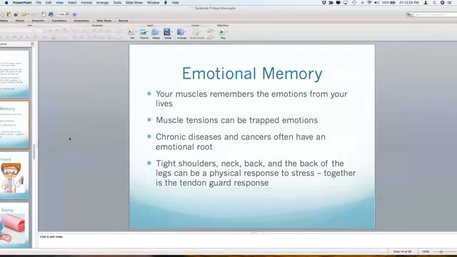But grief is the emotion that's attached to the lungs. So we know that your emotions are trapped in your organs, and also in your muscle memory. Tight shoulders, neck, back, and the back of the legs can be physical responses to stress. Altogether, that's the tendon guard response, because if your body is sensing danger, it's like being put on alert, and your body tenses up.